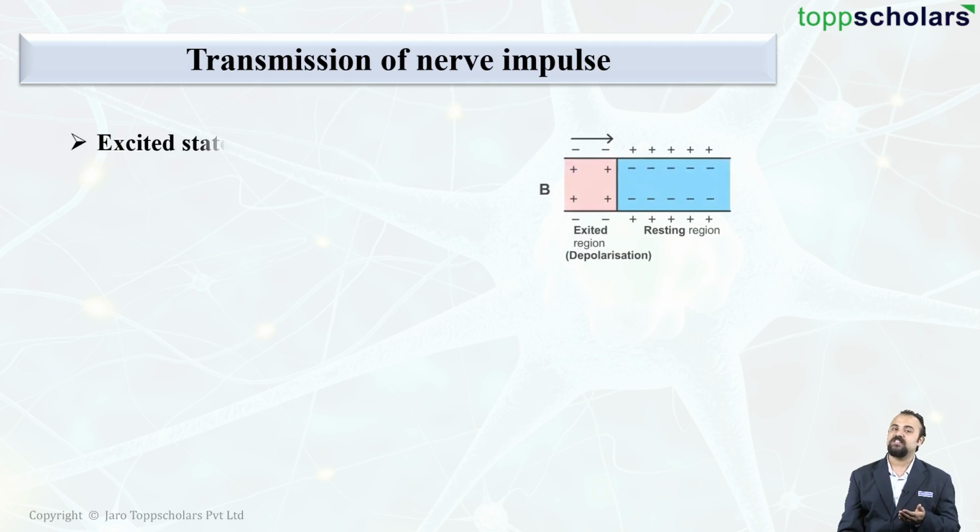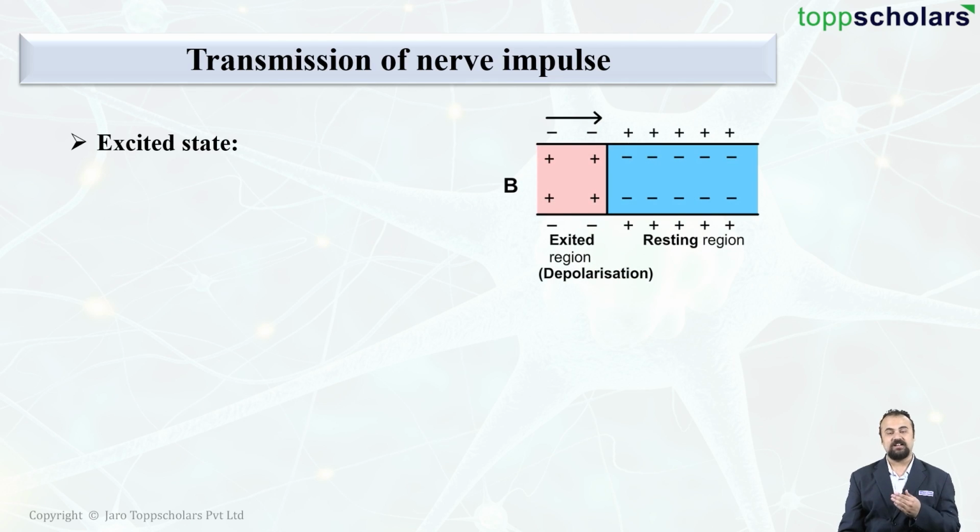Next students, the second step is the excited state. Now in this, if you see in the diagram above me, you will see that there has been a change in the polarity.